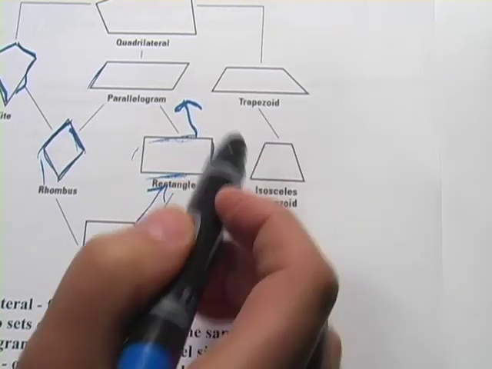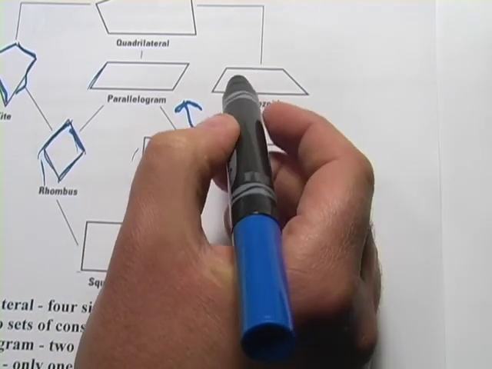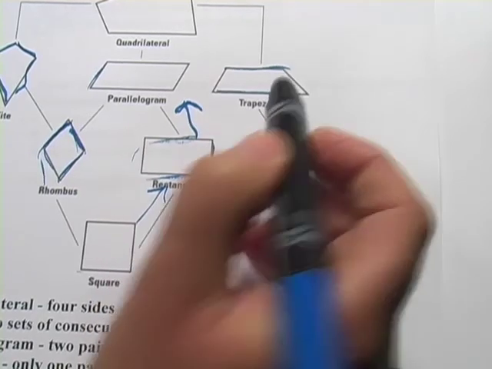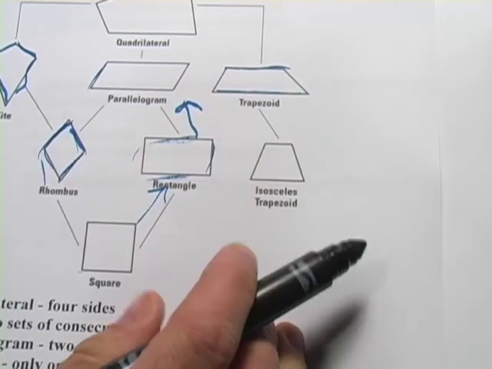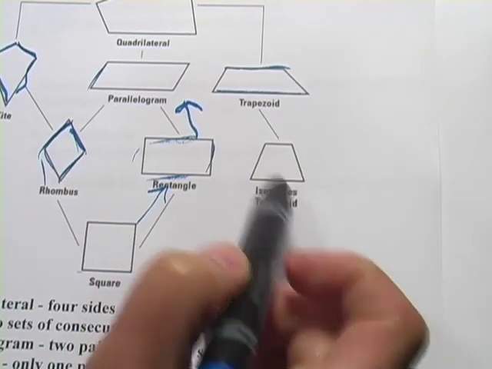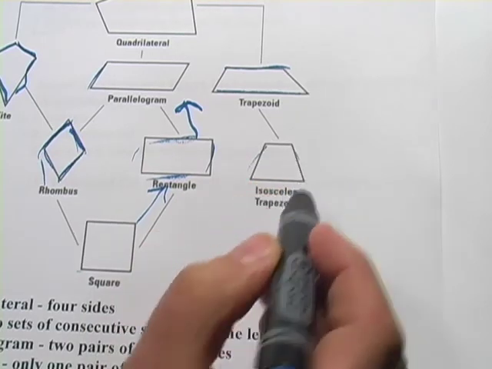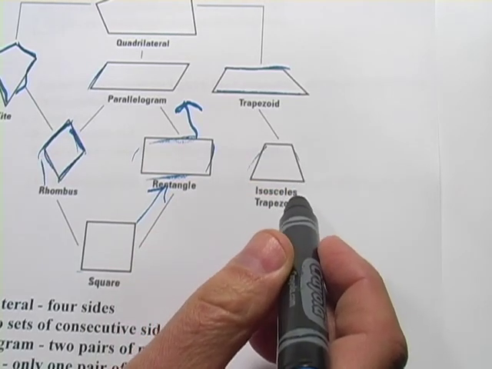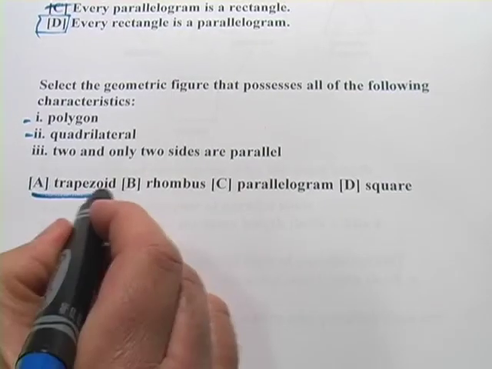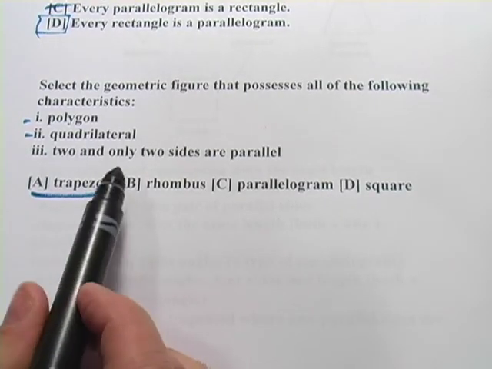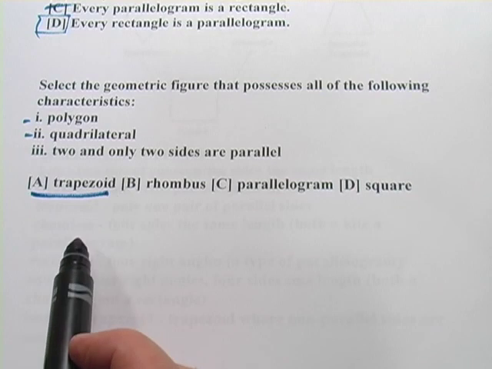The trapezoid is the quadrilateral that has just 1 pair of sides that are parallel and the other 2 aren't. An isosceles trapezoid is a trapezoid where those 2 non-parallel sides are the same length. In this case, the answer we're looking for is a trapezoid. That's the quadrilateral that has 2 and only 2 parallel sides. So that is a little bit of work with quadrilaterals.